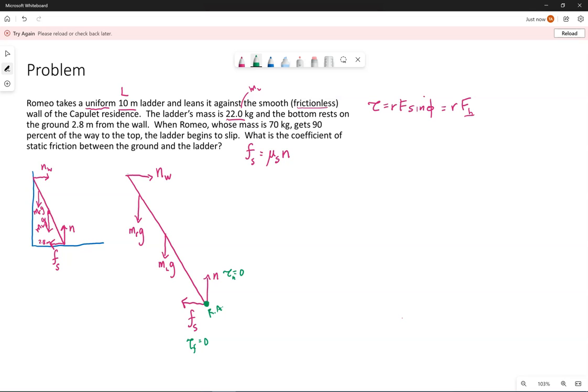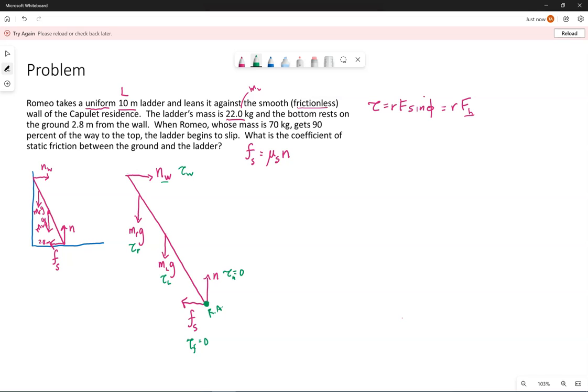So that's going to take the force of static friction out of the torque equation. We will have a torque due to the weight of the ladder itself, a torque due to Romeo, and a torque due to the wall. The only force we wouldn't know is this normal force with the wall, and so our torque equation will allow us to solve for that.